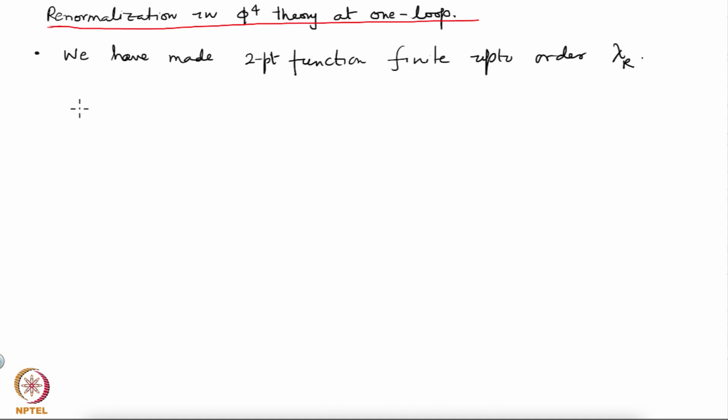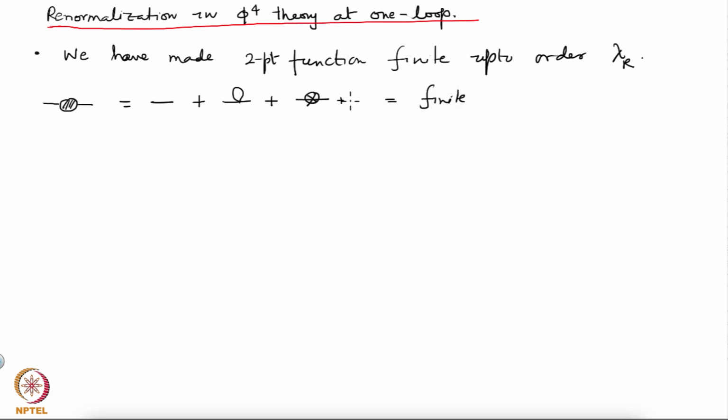More specifically, at order lambda r, we had this contribution at one loop to the two-point function. Let me just write it. If you look at the two-point function, to the lowest order this is just a propagator, and then you have this diagram and of course the counterterm diagram also, and we made this finite up to order lambda.